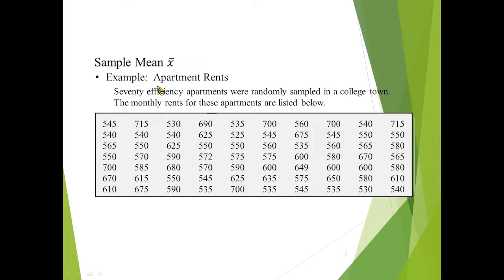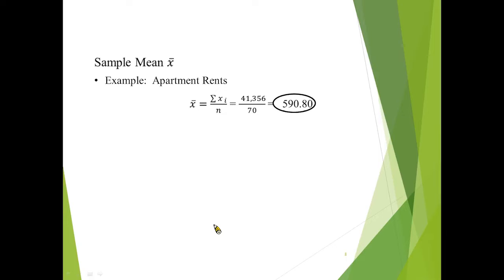This is one example, called apartment rents. The question: 70 efficiency apartments are rented in a sample in a college town. The monthly rents for these apartments are listed below. This table shows the 70 apartments and the monthly rent charged.